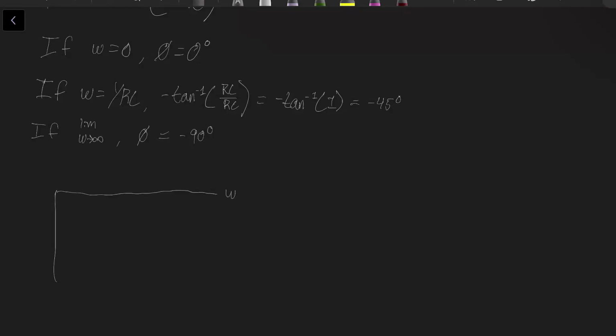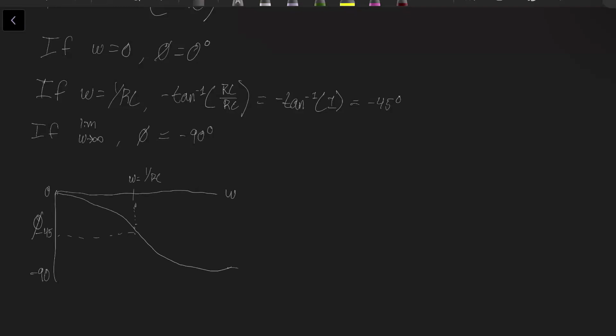We're going to have omega, or our frequency, on our x-axis, and our phase on our y. This is going to be 0, -90, and -45. We'll have our cutoff frequency here. And our phase is going to look something along the lines of this, where this is our cutoff frequency.